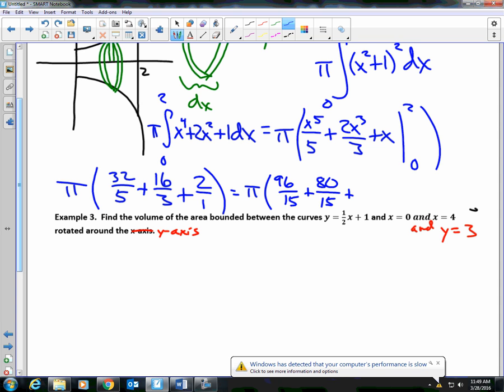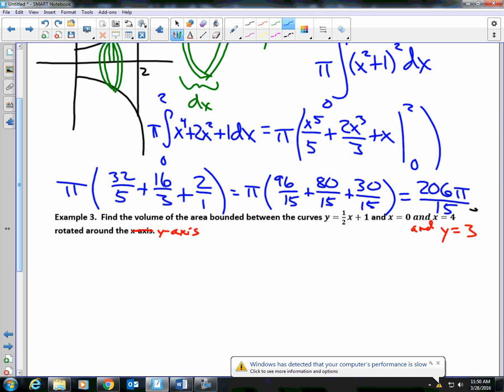And that would be 30 over 15. So 96 plus 80 is 176, plus 30 is 206. So 206 pi over 15.